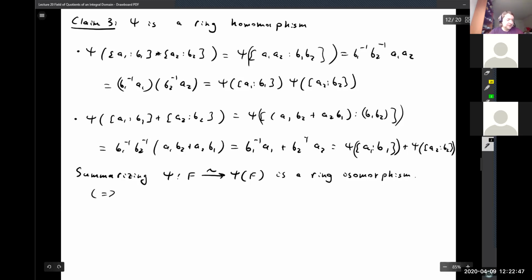Equivalently, a field isomorphism. Right. And that will be the end of theorem 1.